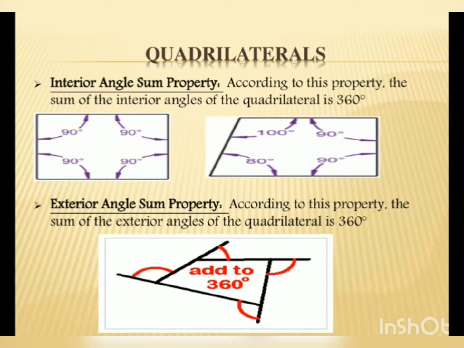Another one is the exterior angle sum property. According to this property, the sum of exterior angles of a quadrilateral is 360 degrees. So here we can see that the sum of interior angles is 360 degrees and the sum of exterior angles is also 360 degrees.